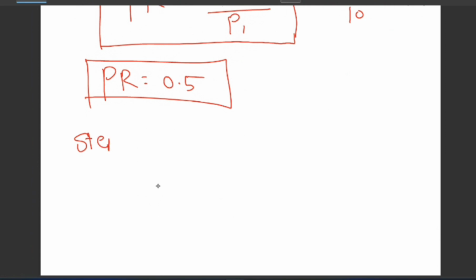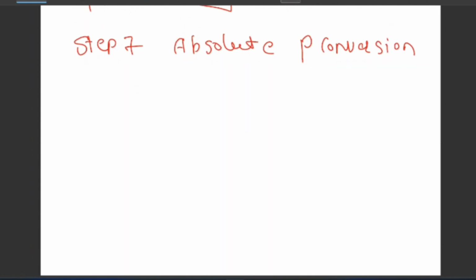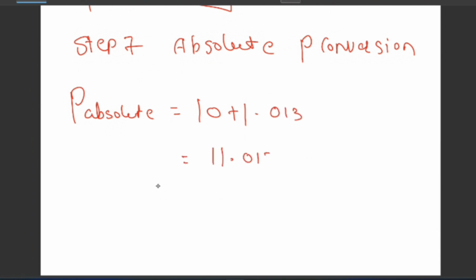Step 7, absolute pressure conversion. That was in gauge. So P1 absolute, 10 plus 1.013, so it is 11.013 bar absolute.